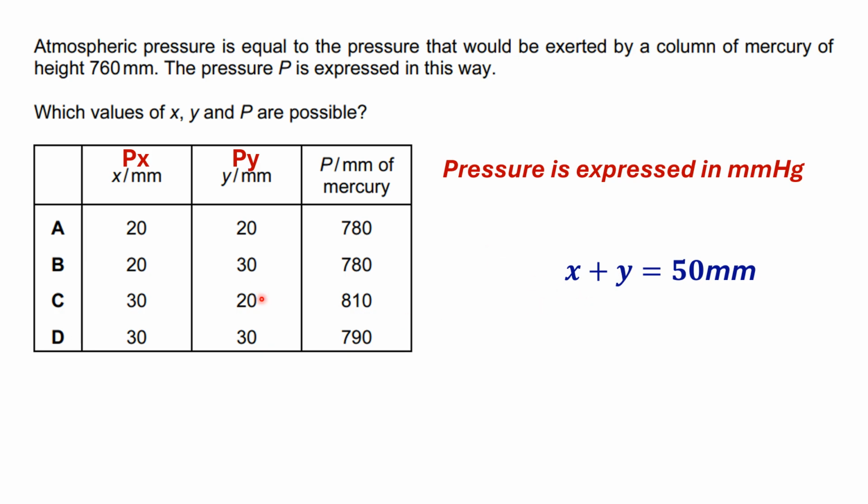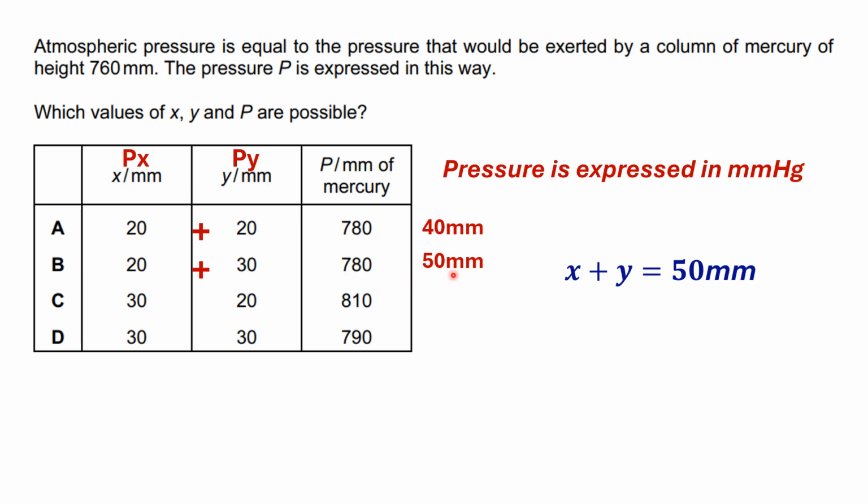Okay, so how are we going to select the correct answer? Since this is x and this is y, the sum of them should be 50 millimeters. So the next step is to add both values. 20 plus 20 is 40. 20 plus 30 is 50.